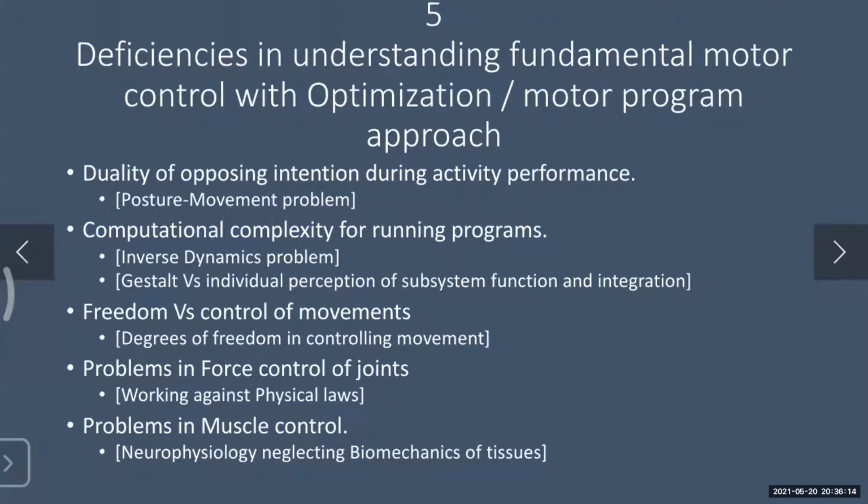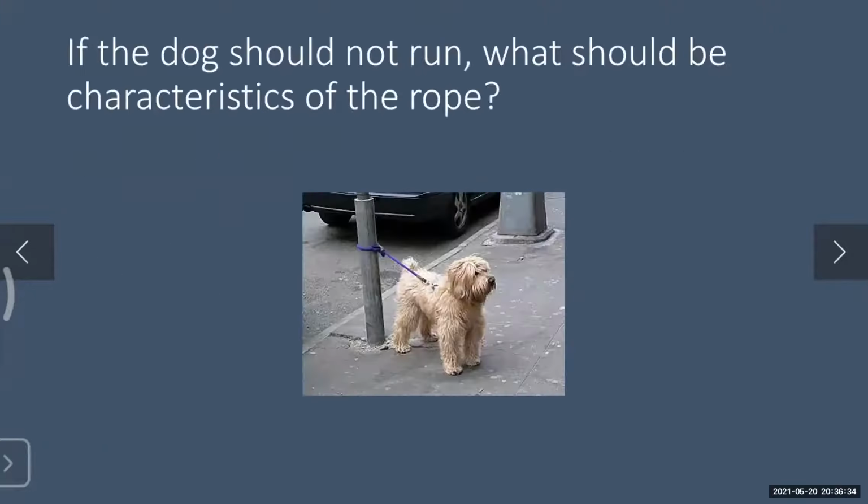And we saw that when we are maintaining a posture, the aim or the intention of the brain is to prevent movement. So if you are producing a movement at the same time, then the posture stabilizing mechanism would have to resist that change, right? So we saw the example of the dog, right?